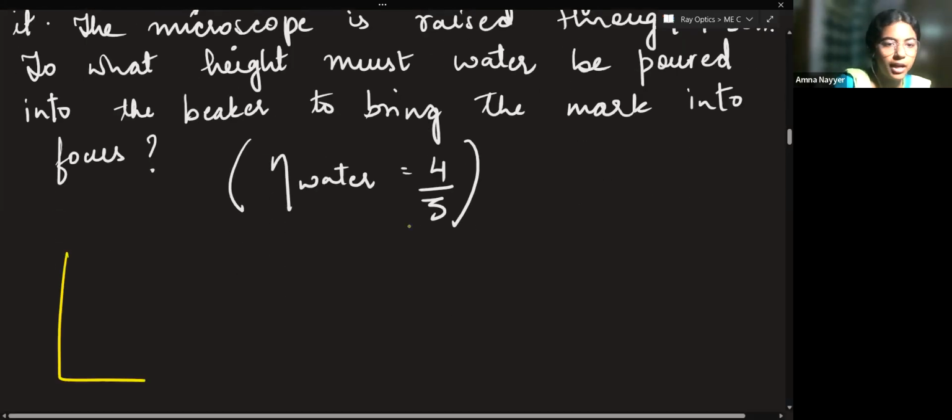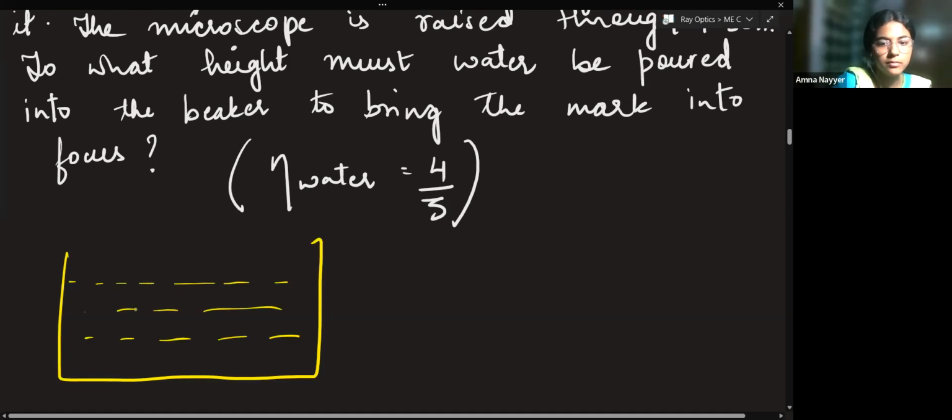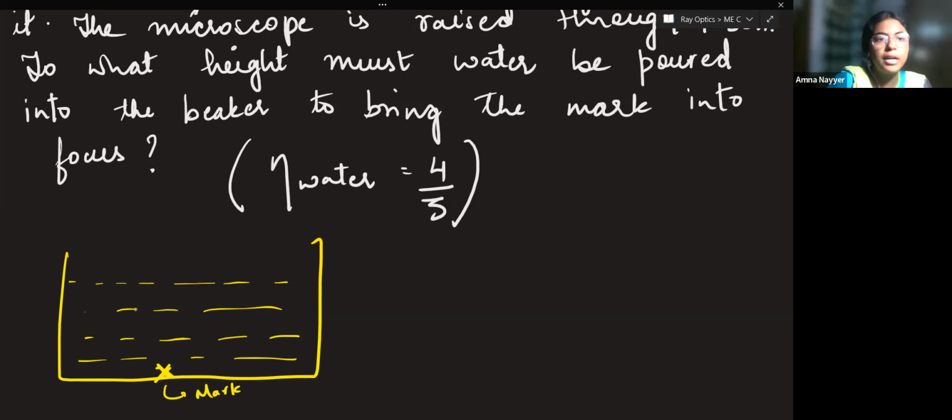If you have a beaker over here, filled with water, and a mark is made, and the microscope is raised through 1.5 centimeters, it means now the mark will appear here. This is 1.5 centimeters. Now we are able to see the mark over here because it has been raised.